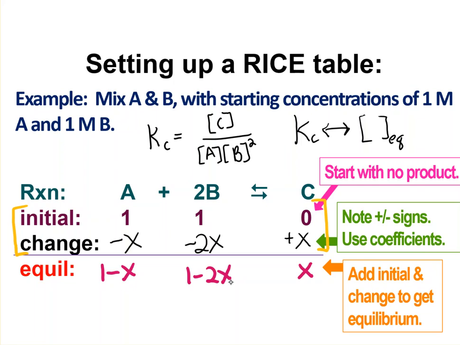And this is what we were wanting to get to. This is an algebraic expression that we can put together to relate these equilibrium concentrations to our equilibrium constant. In other words, I can plug these algebraic expressions into my main equation, and I'm going to do that on the next slide.